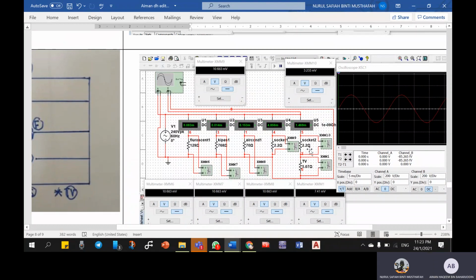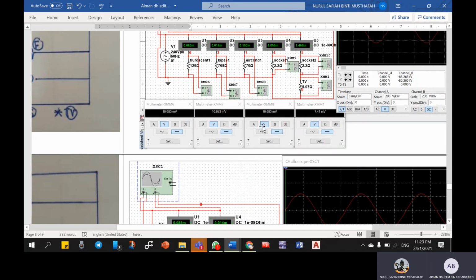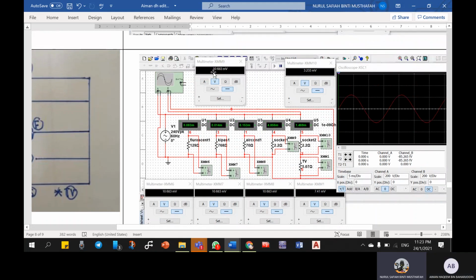If we add the voltage of the socket and the TV, 3.233 millivolt plus 7.41 millivolt will equal 10.683 millivolt, which is the same as the others.